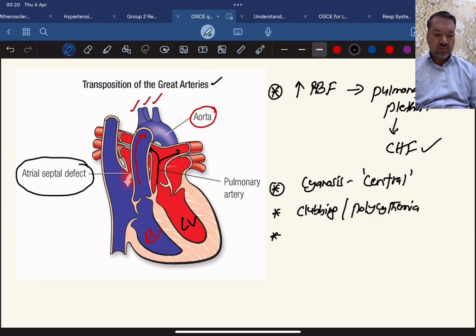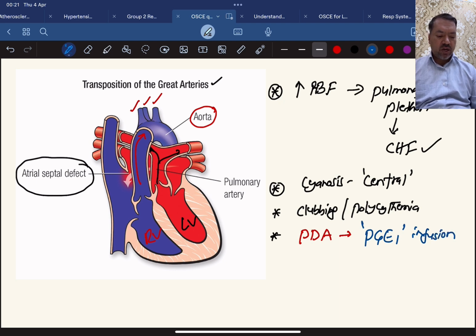And dear students, one of the most important questions which you will be getting in your future exam is, if there is a PDA which is maintaining the mixing of the blood, you don't close this PDA here. Rather you want to open it, you want to continue it. So that's why, to maintain the patency of the PDA, we'll give prostaglandin infusion.